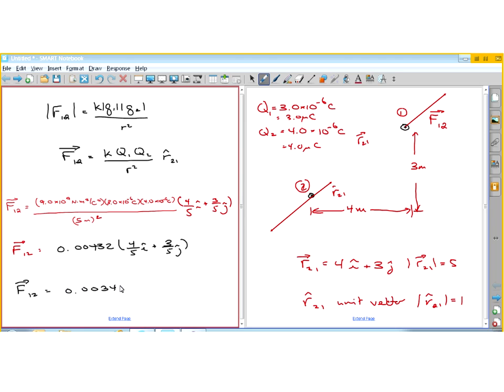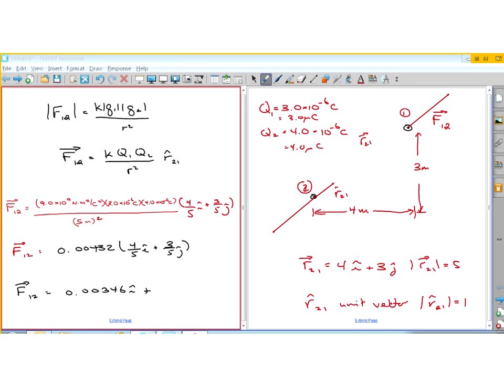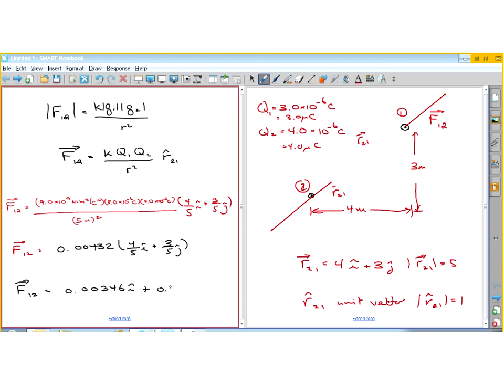So we get plus 0.00346 i plus, the second part of the calculation would be 0.00432 times 3 divided by 5, which is 0.00259 j, and that would be the answer.